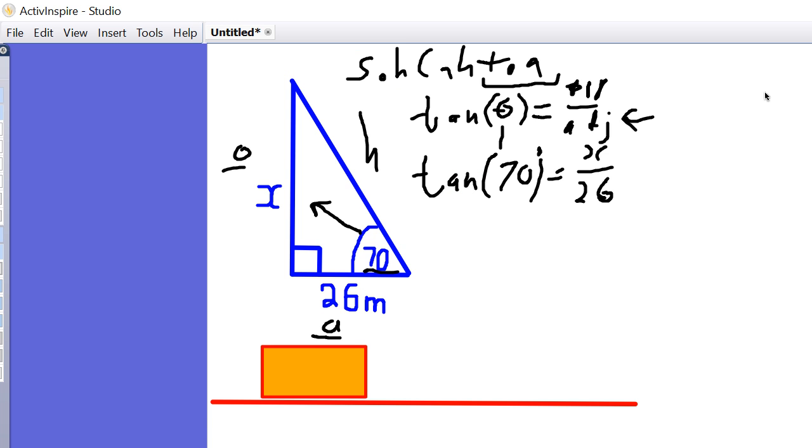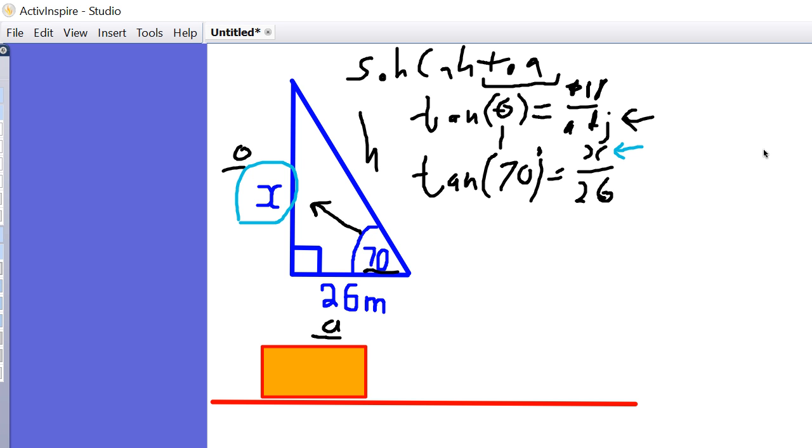But how do you finish these? Alright, so let's go back to this one. Notice the x, the unknown variable in this first one, is up here, and we are finding a side. So all we need to do is rearrange this equation to get the pronumeral by itself.